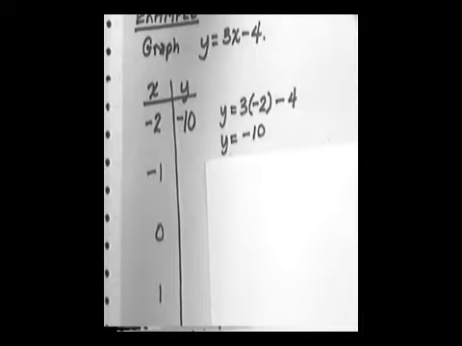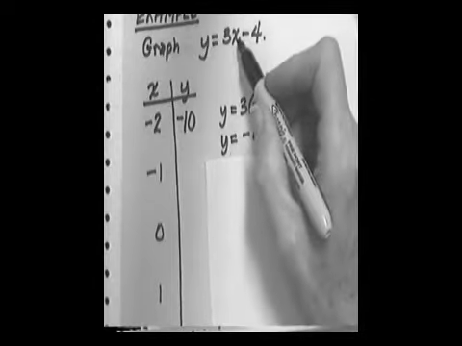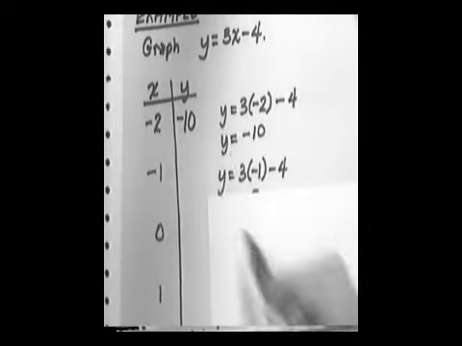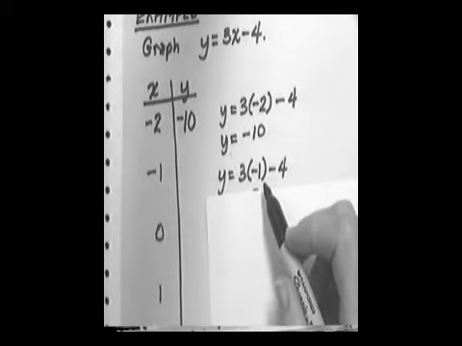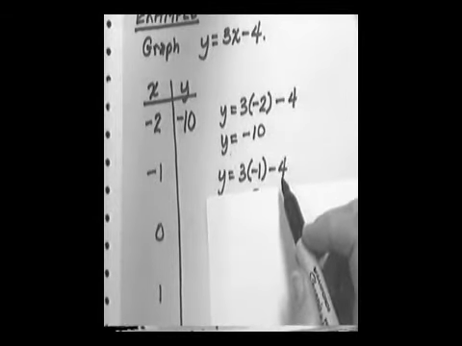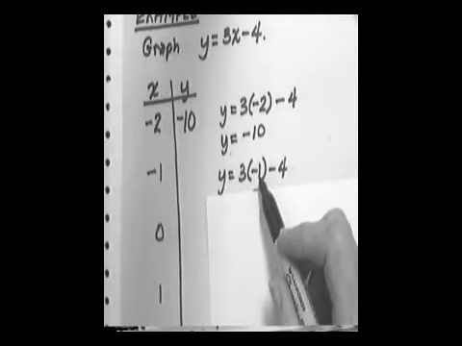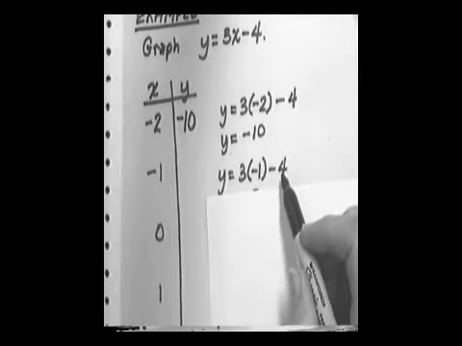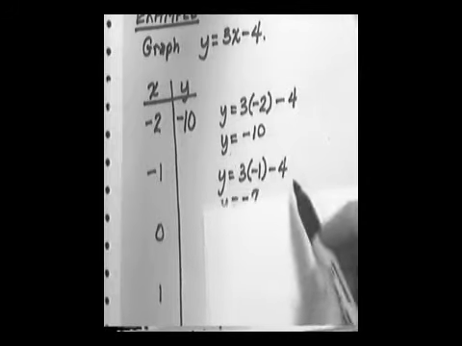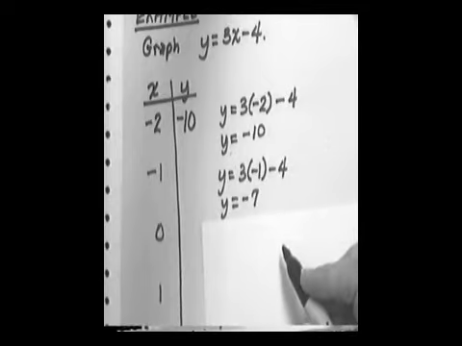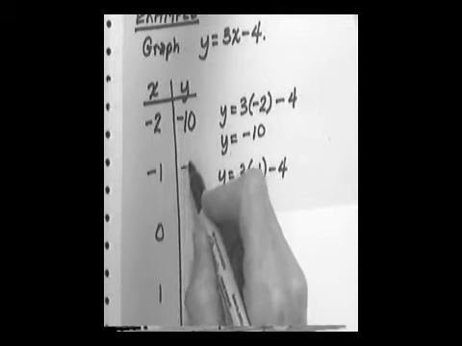Now if x is -1, we substitute -1 in place of x, and we get y equals 3 times -1 subtract 4. 3 times -1 is -3. -3 subtract 4 is -3 add -4, which is -7. And so the ordered pair is -1, -7.